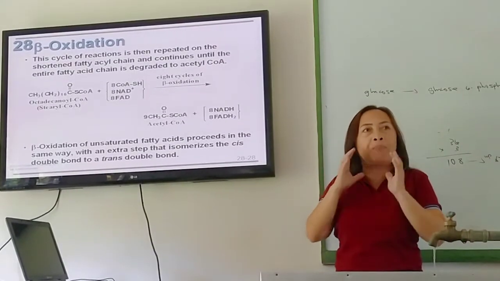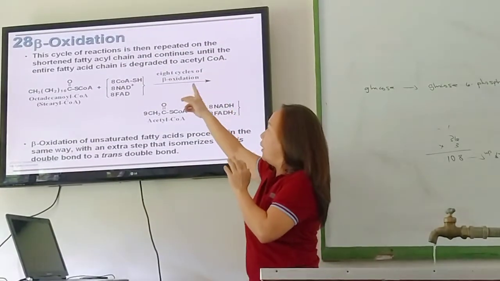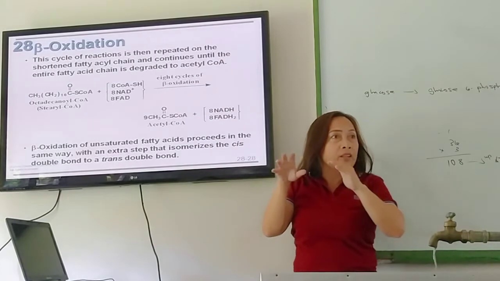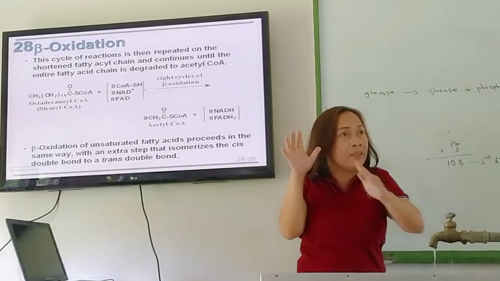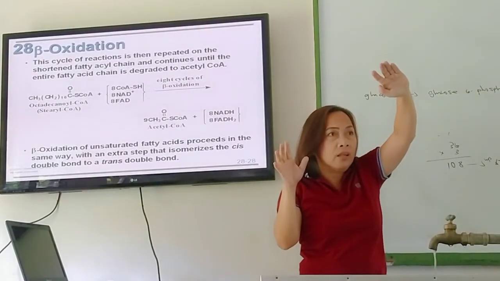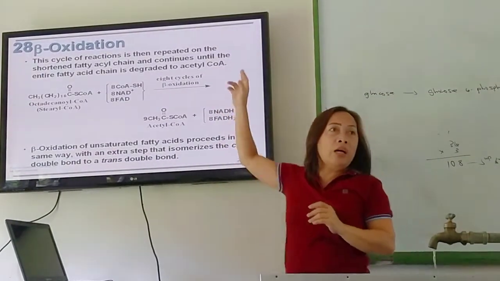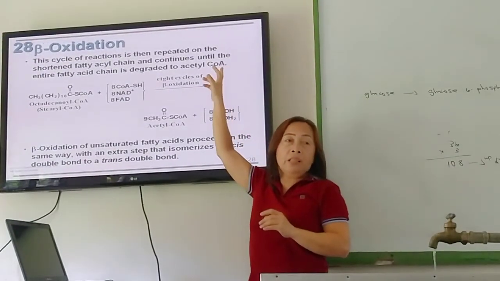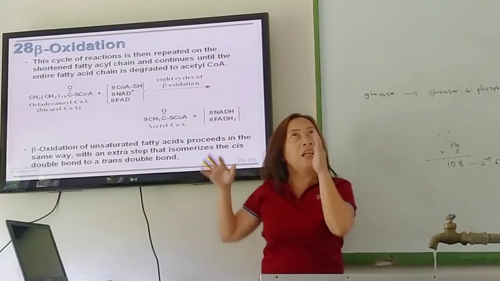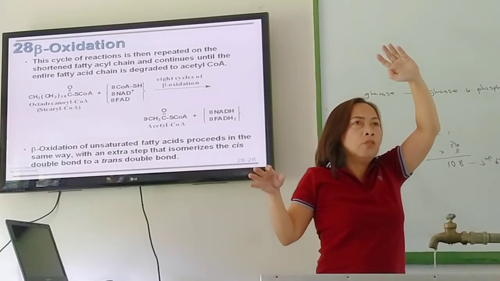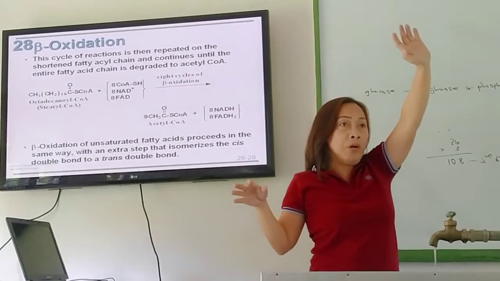The whole chain should be converted into acetyl-CoA. The acyl-CoA goes back to step 1 again, and the acetyl-CoA enters the Krebs cycle.